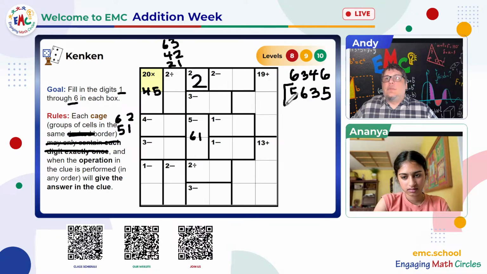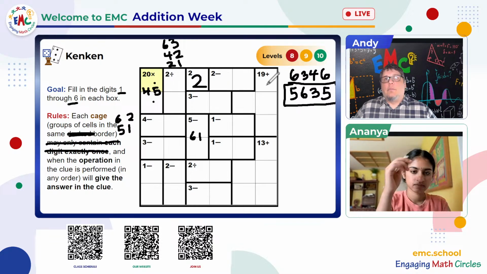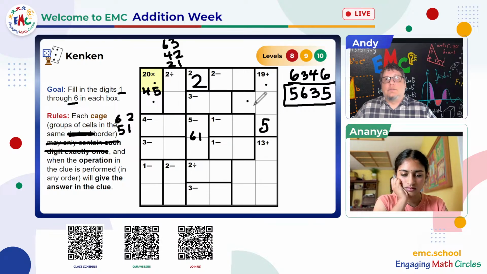Can I use this one? No, because then this one would mess up. This one would have the 5s showing up and canceling out. If I did it, it'd have to be 5 here. So the only way to use this is have 5 down here.